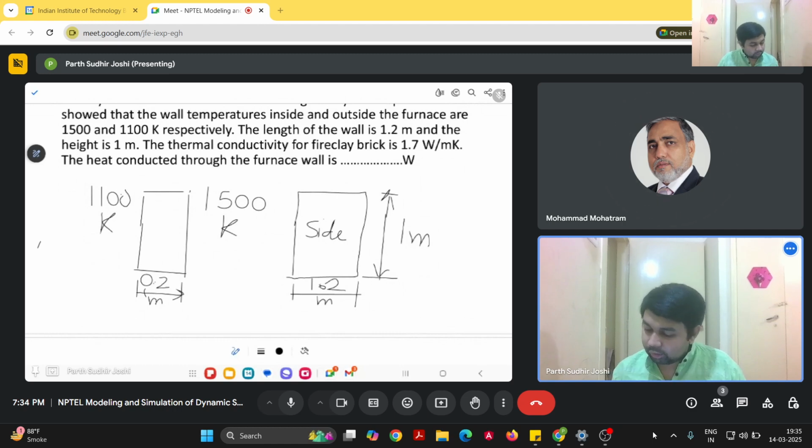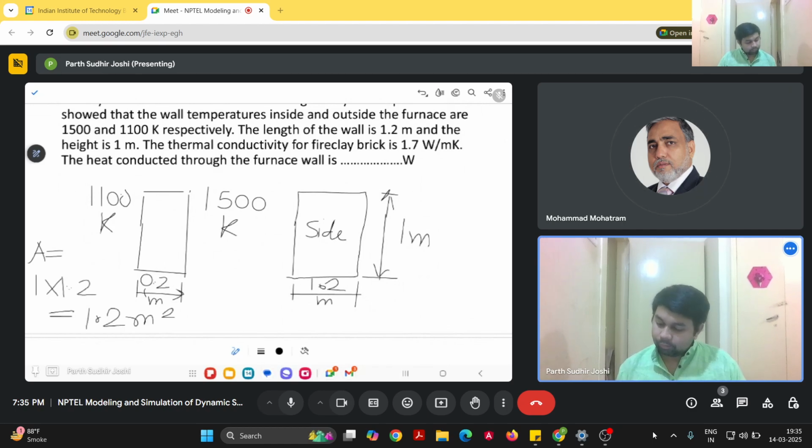So area here will be 1 into 1.2, so basically 1.2 square meter. So this will be the area across which the heat is flowing.